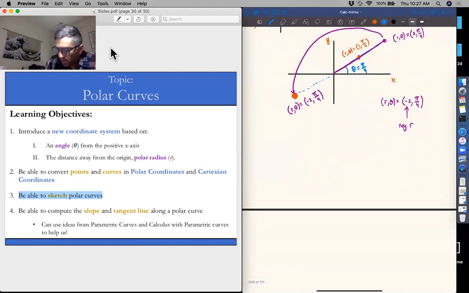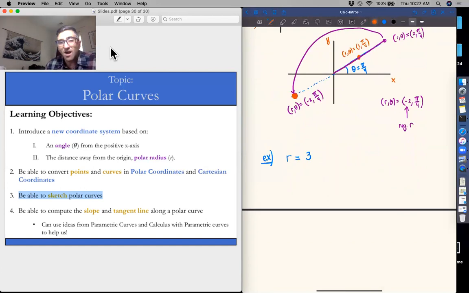The first example I want us to think about, just to warm up our brains here, is r equals 3. So this is a polar curve. r is equal to some function of theta, except that function of theta is just 3. So what does that mean?